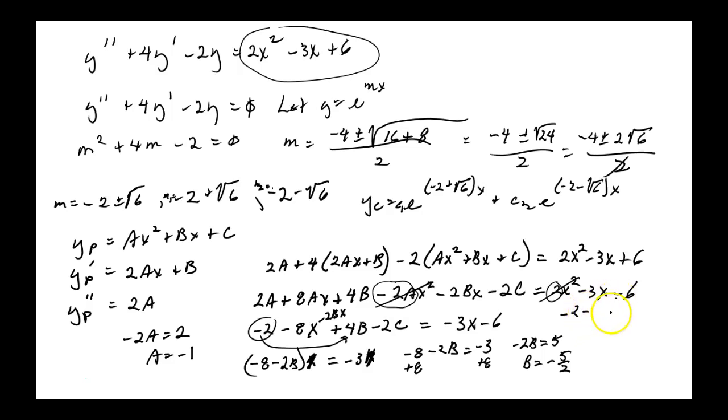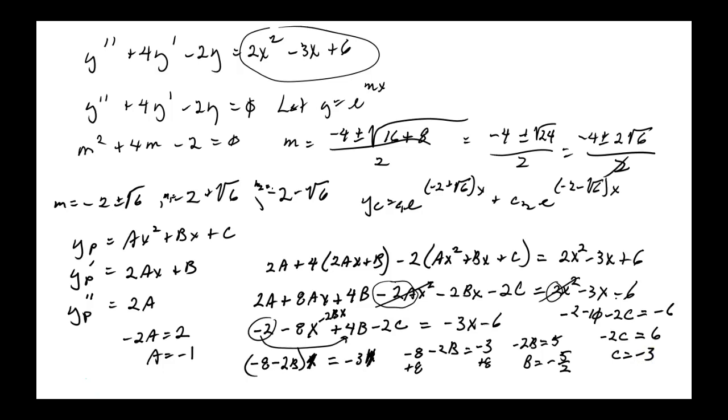Minus 10 minus 2c is equal to minus 6, right? Okay? So that'll be minus 12. Add that to both sides, you get 6. So minus 2c is equal to 6. Negative 3. So c is equal to negative 3.